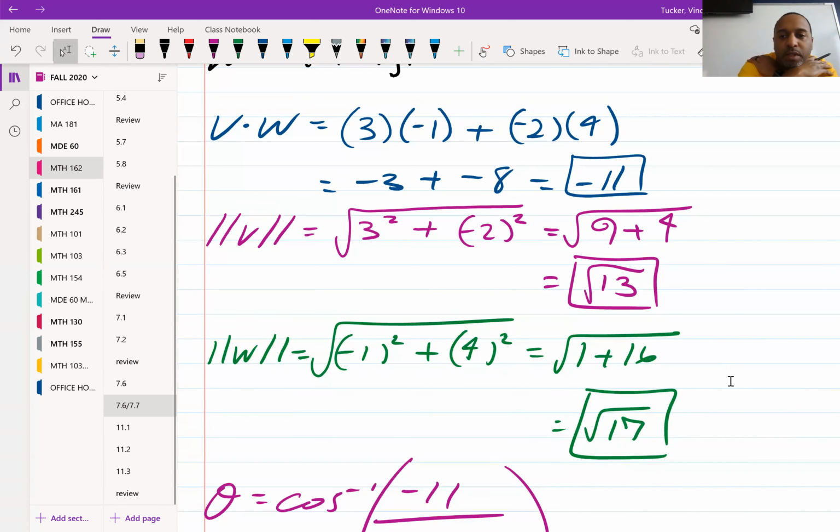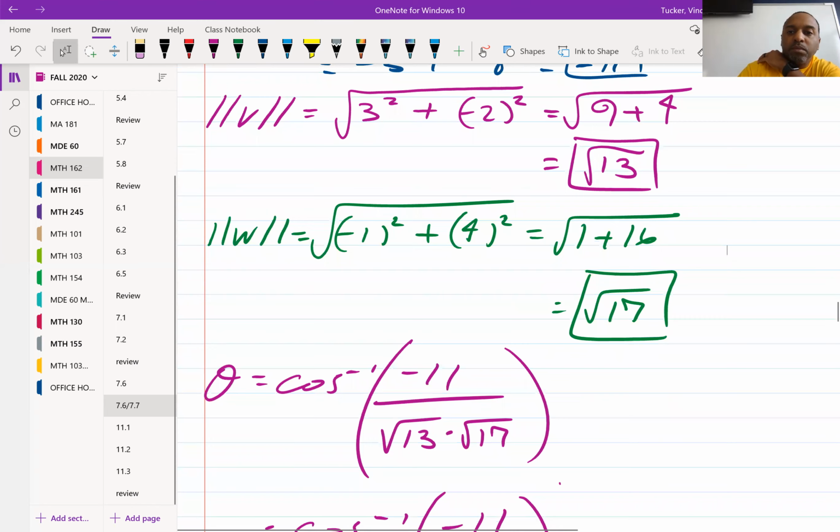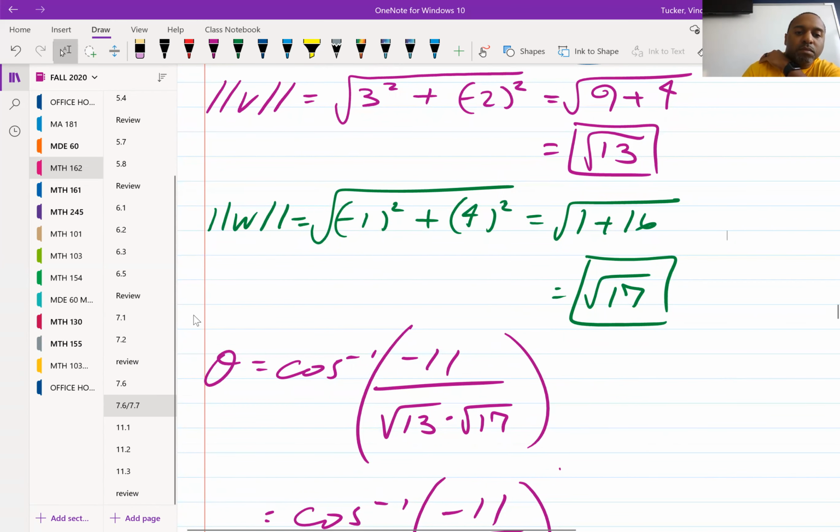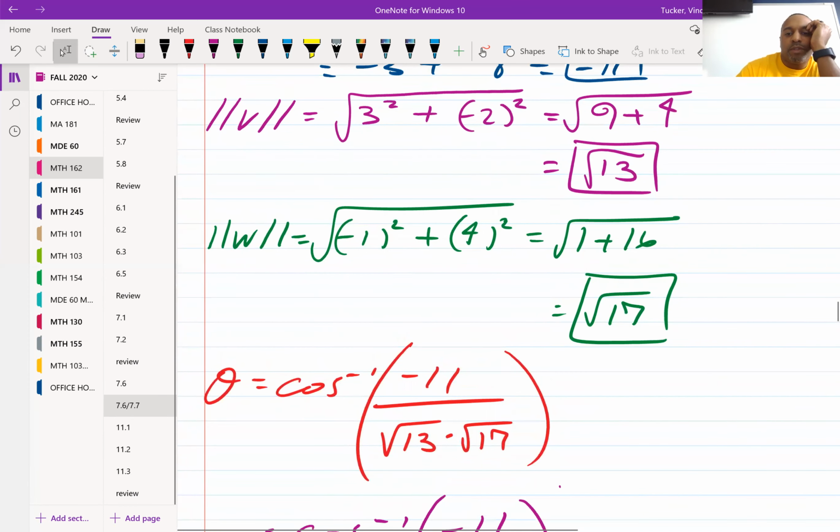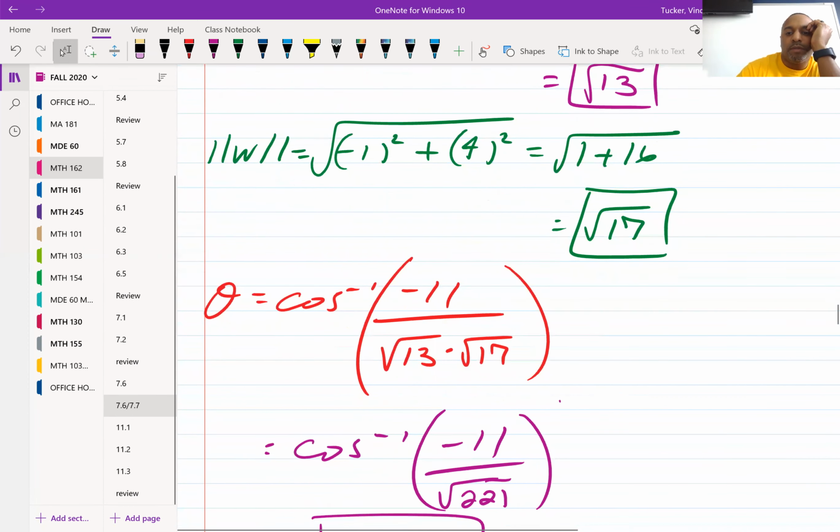Before we plug in those 3 pieces, any questions? All right, so to find theta, you do cosine inverse of -11 over the square root of 13 times the square root of 17.